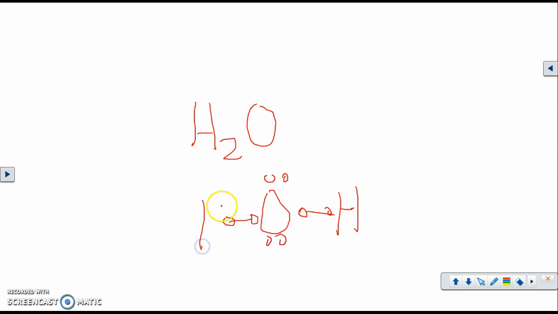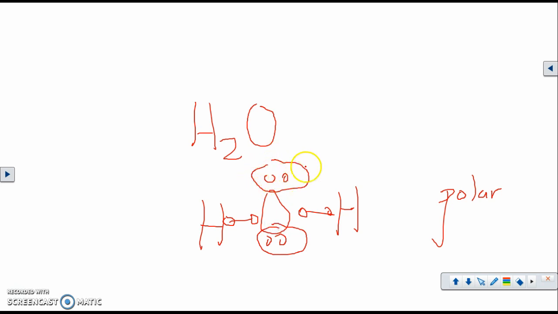What happens, folks, is this is actually a polar molecule. Water is a polar molecule. The reason is that the central atom has lone pairs. Lone pairs means pairs of electrons that are not bonded to any other atoms. These are bonding pairs, these are non-bonding pairs. As you can see, there are 2.